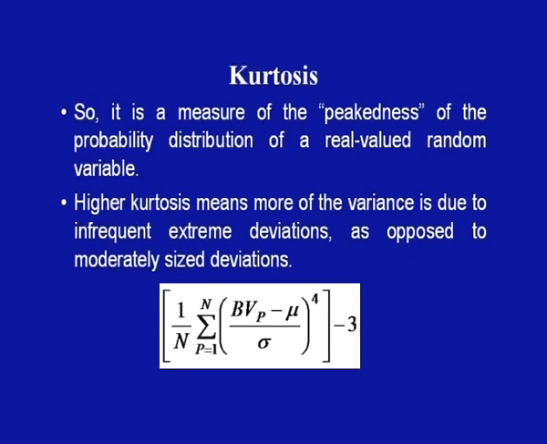Kurtosis can be expressed by the following relationship, that is 1 divided by n, taking the summation of all the n points in the data set of the difference between the input value minus the mu divided by sigma raised to the power 4, and this expression is subtracted by a value of 3.